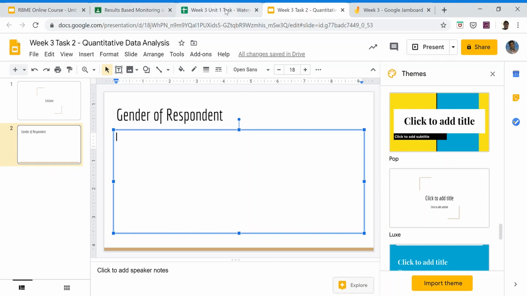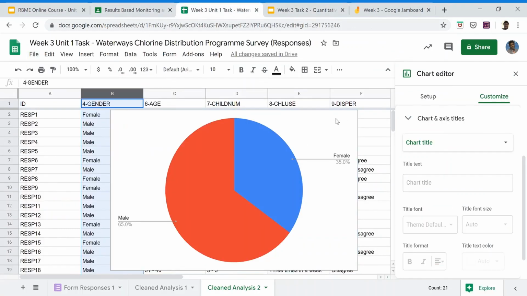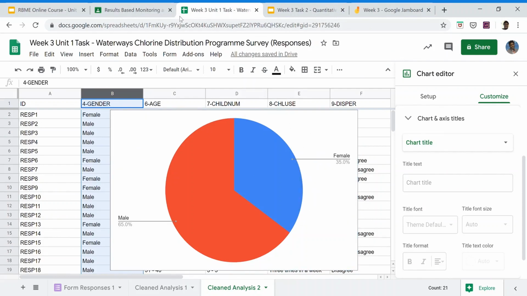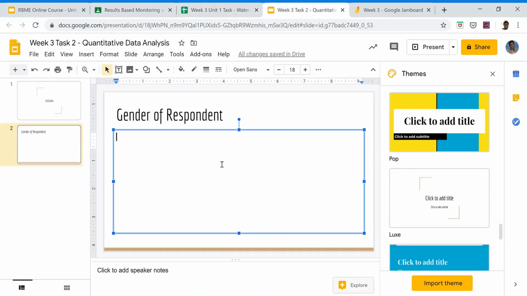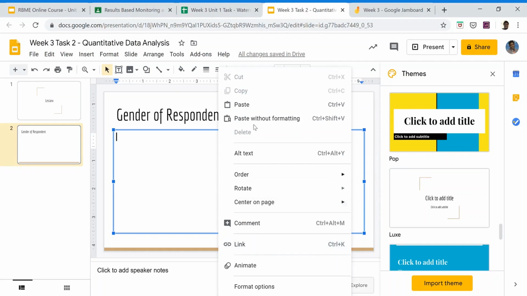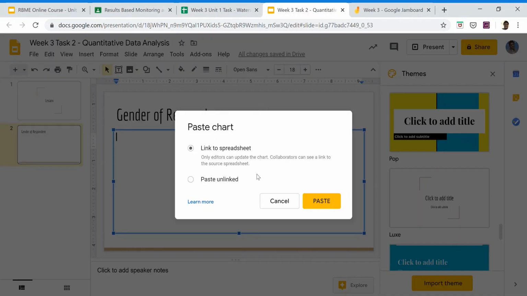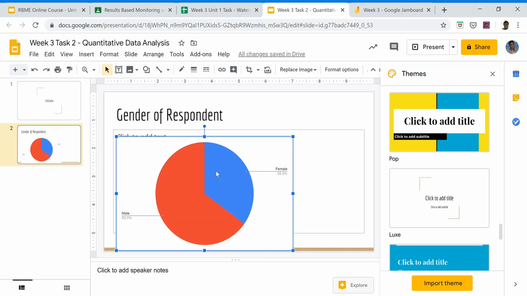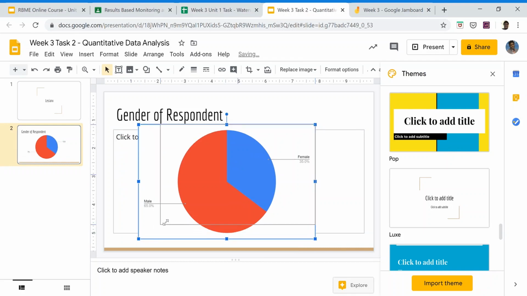So let's go back to the document, copy chart, and let's see if I can paste it here. Boom. I can link it to the sheet so that as I update the sheet it changes, but I don't want that, so let's just paste it here. So I start putting together my slides.